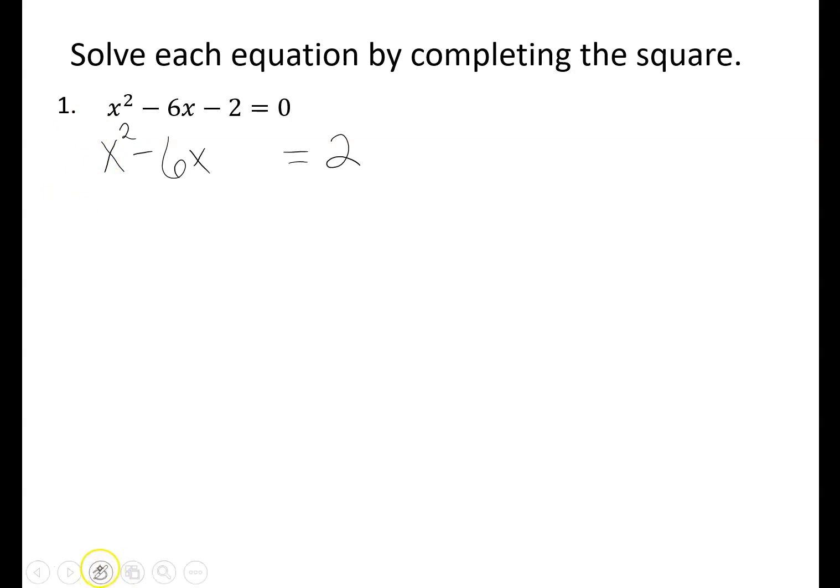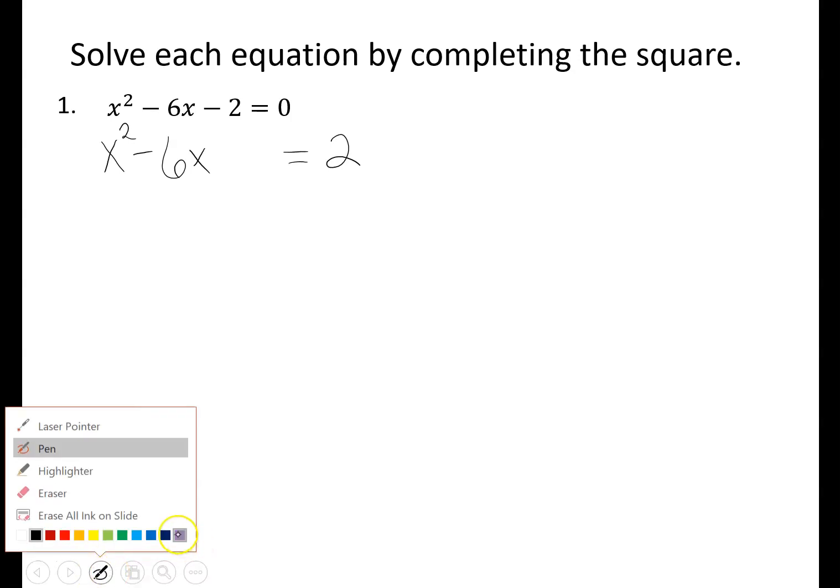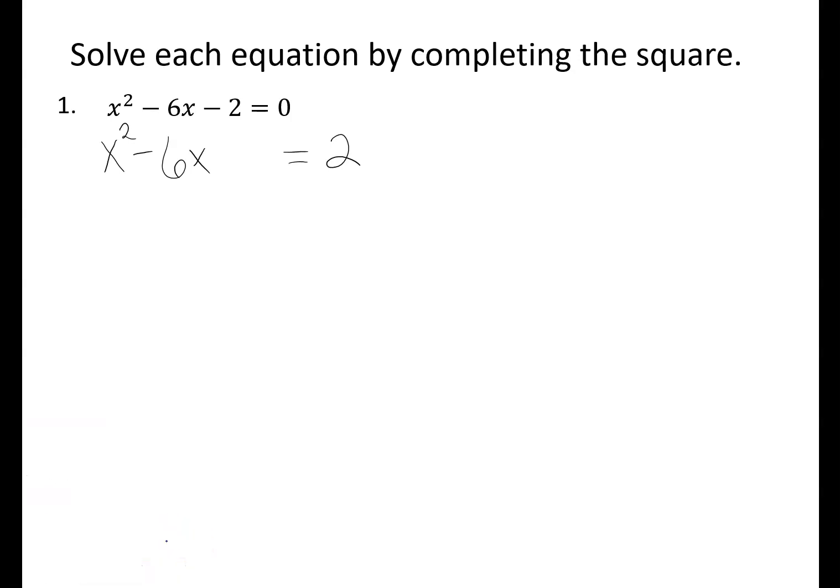Step 3, that's where the formula comes in. 1/2 b squared. So I'm actually going to go ahead and write that instead of 1/2 b as b divided by 2 squared. So we're going to do that out to the side. Now, this equation is in the form ax squared plus bx plus c. b is the coefficient of the x.